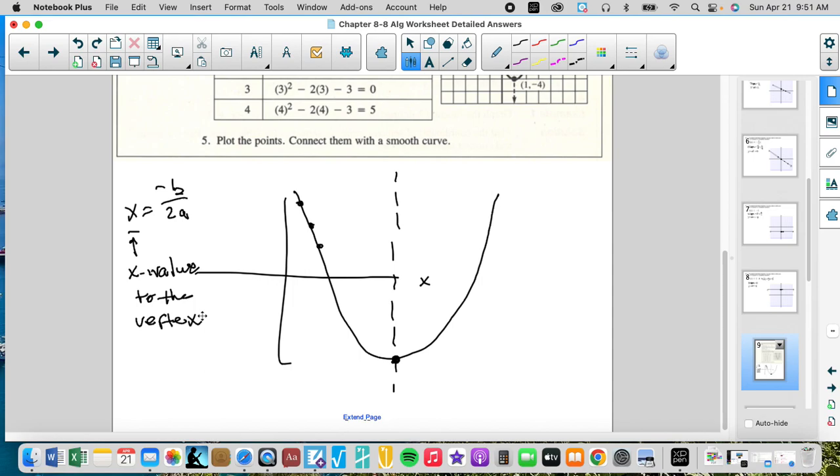I think I need to get a better pen. Good. So that's why we find that. Then we plug it in, and that'll produce our y location. So then we'll know where on the y-axis my point exists, my vertex. So this is called the vertex. This is called the axis of symmetry.